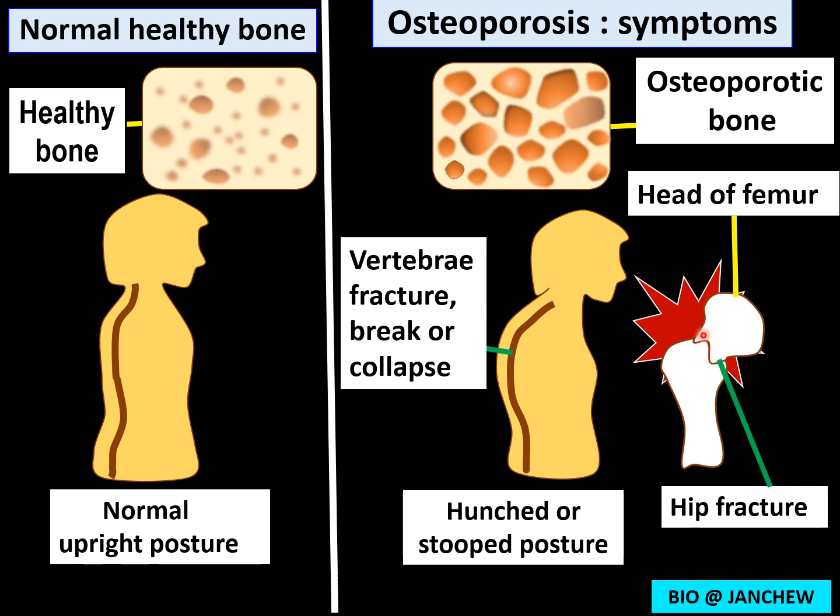Okay, for example, at the head of the femur, a hip fracture can occur where there's a crack or even a breakage in the bone. So this can cause the person to become immobilized, and to heal the bone, it will take a long time. Okay, so these are the symptoms of osteoporosis.